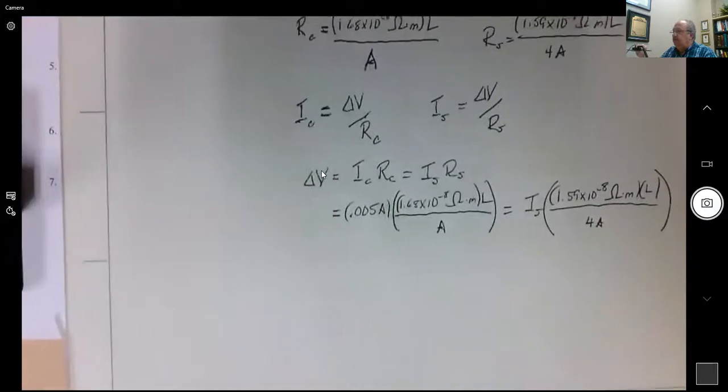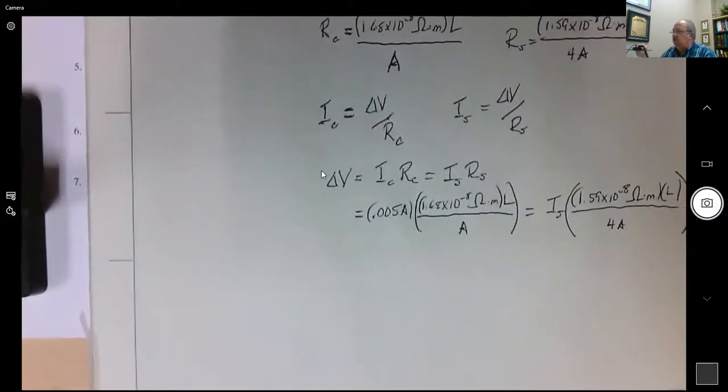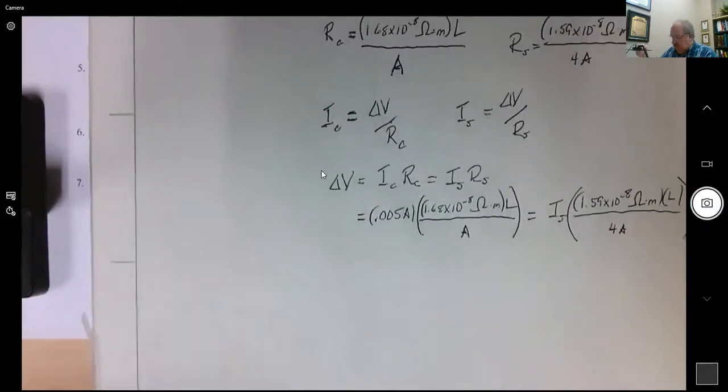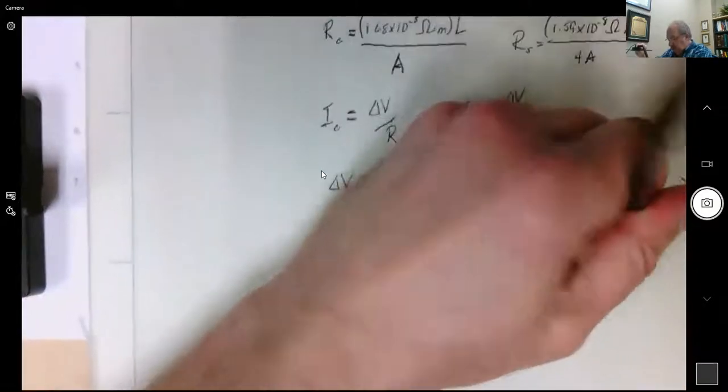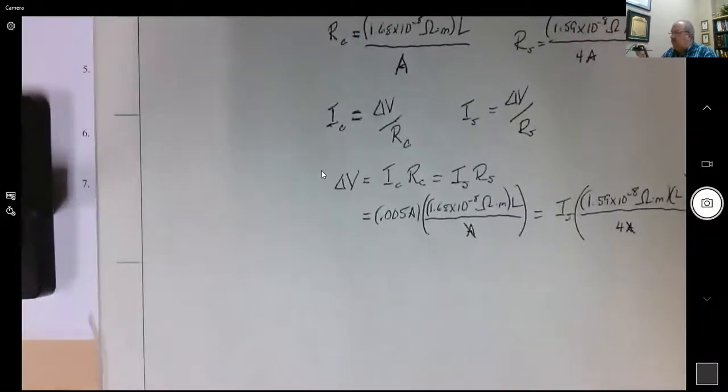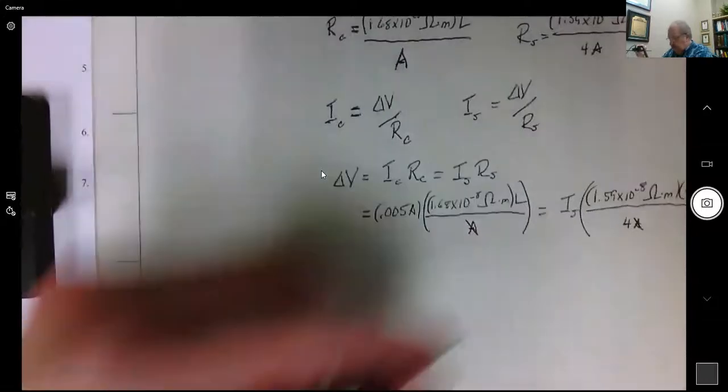Okay, so if we look at this, then we can start to cancel things out. Since A is on both sides of the equation in the denominator, we can get rid of that. And L is on both sides of the equation in the denominator, we can get rid of them.